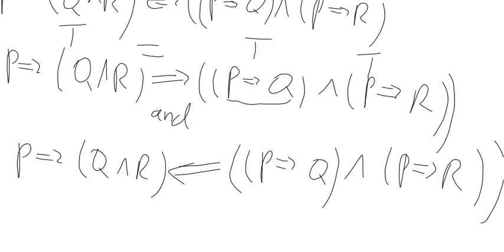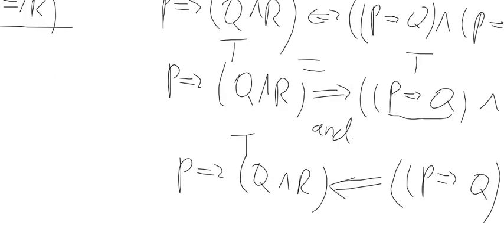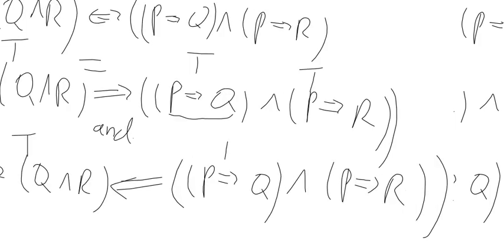However, that's only the one direction. We have to compare this and this. Then we have to do P implies Q and R, the reverse implication of P implies Q and P implies R. Again, this is true.